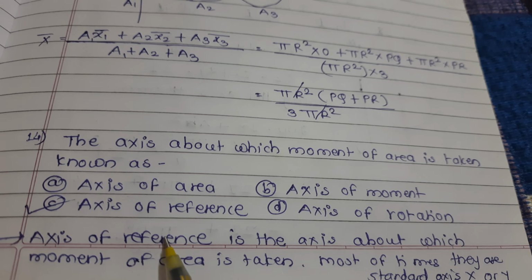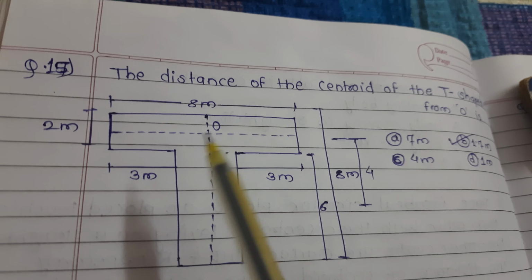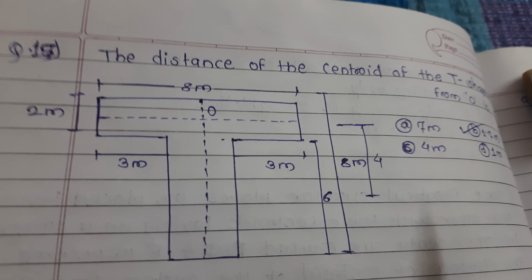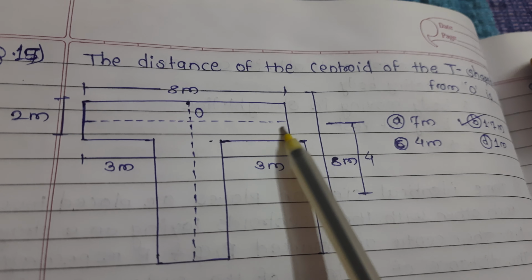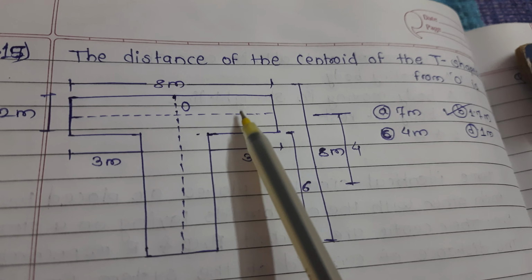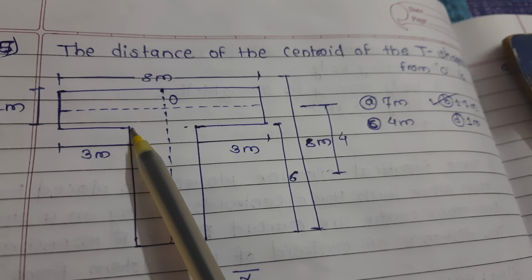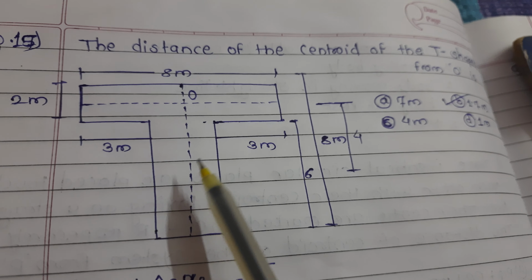The distance of the centroid of the T-shape plane from O is? Here we take the figure from the question diagram, where this point is O. We take this figure as figure number one, and from here figure number two.